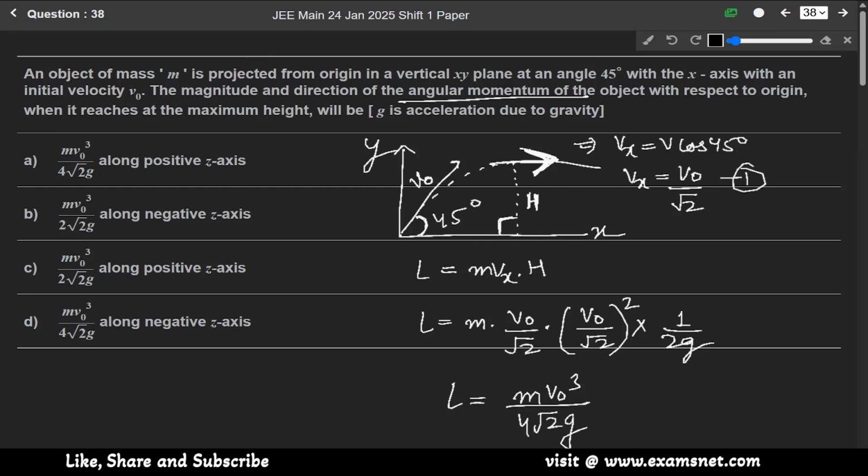Now there are two options, along positive z direction or along negative z direction. So it will be along negative z direction. So the correct answer is option 4.